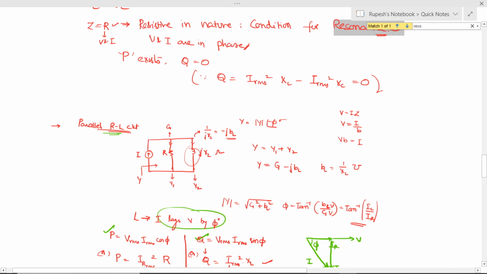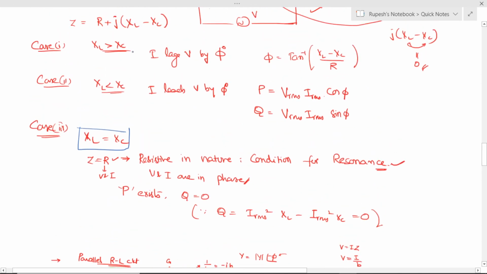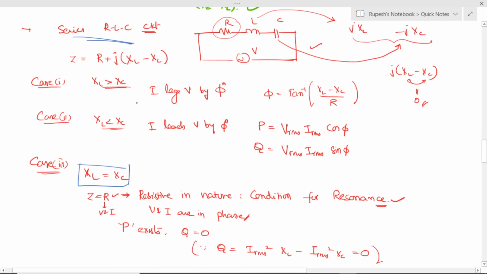See here, this is a series RLC circuit. In the series RLC circuit, if XL is equal to XC, then that is the condition for resonance, and we will deal with this in the next class.